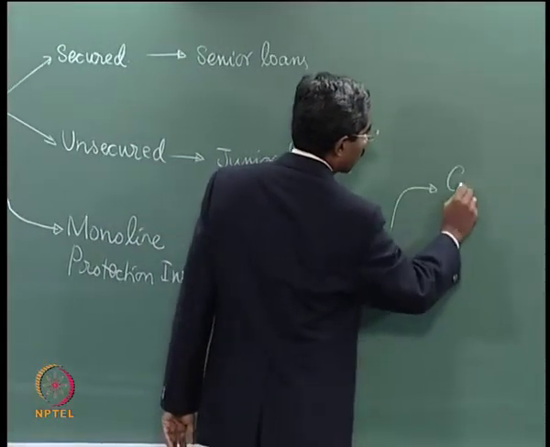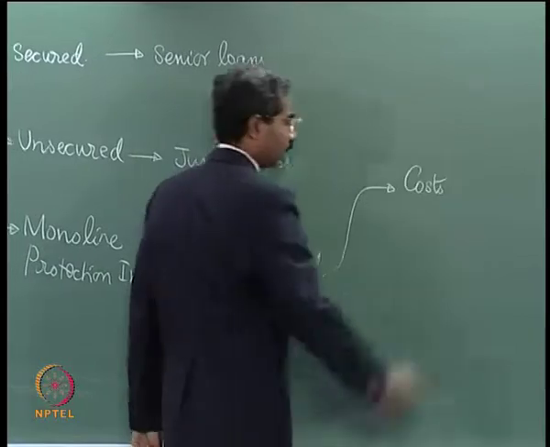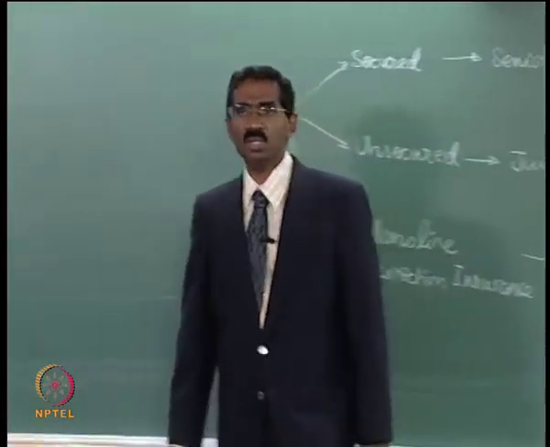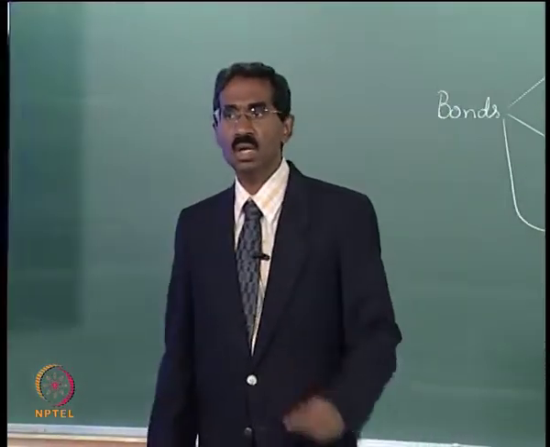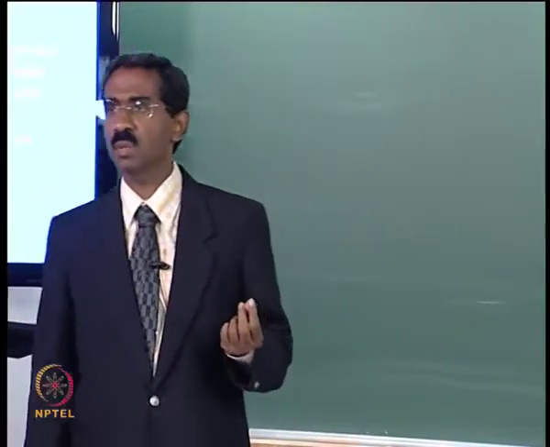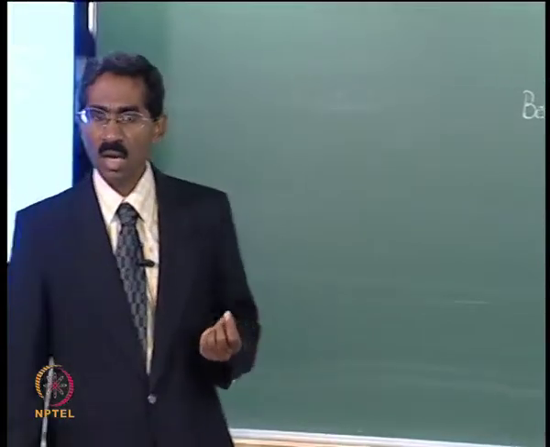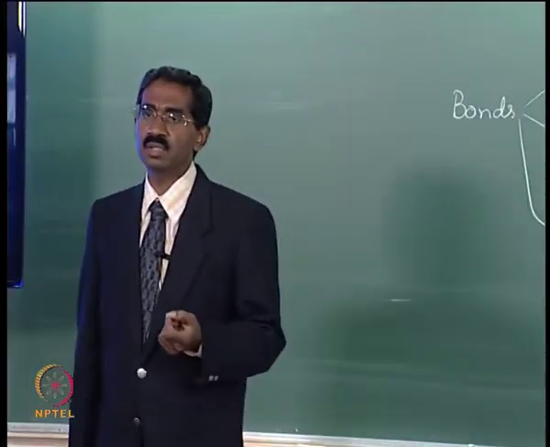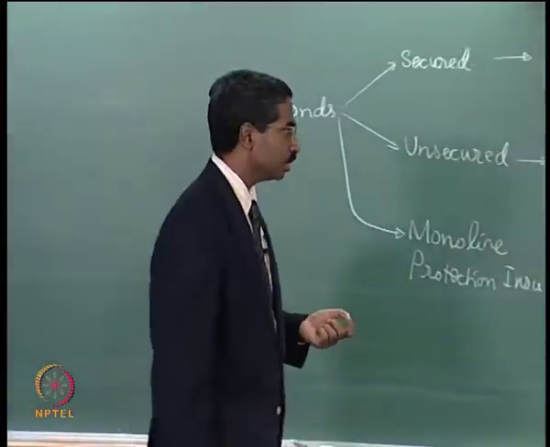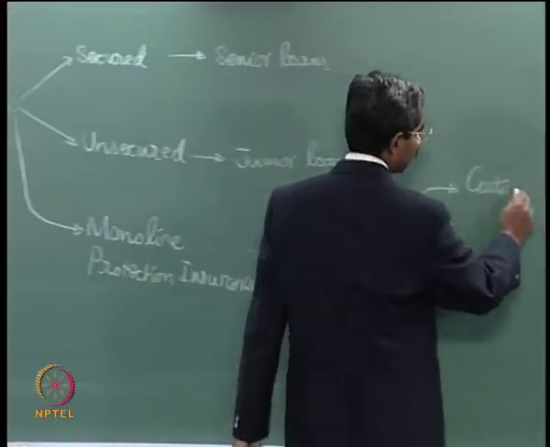So now the question is, what are the costs and benefits of these kinds of wrapped bonds, right? What are the costs? The cost obviously is you will have to meet the requirements of the insurance provider, and for obtaining the insurance you will also have to pay the insurance premium. So the cost is basically two things.